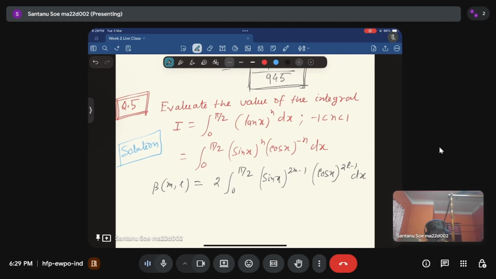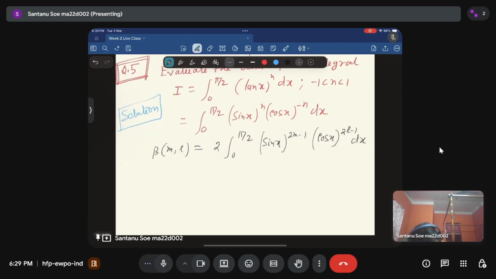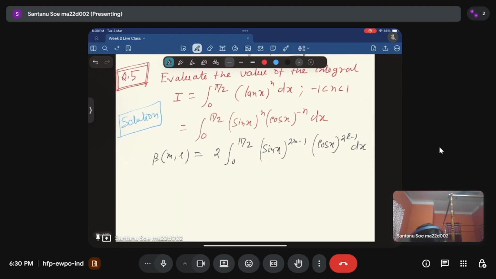So from here, we have to just find out the values of m and l, and then we can just substitute in the beta function, correct? So from the above integral, 0 to pi by 2 sin x to the power n and cos x to the power minus n dx, we can set 2m minus 1 to be n, and this will imply m equals (1 plus n) by 2.